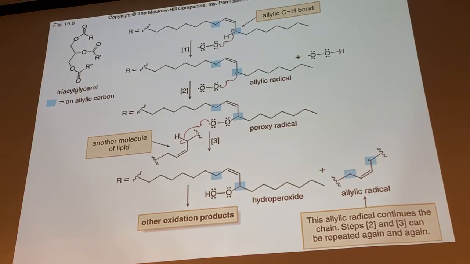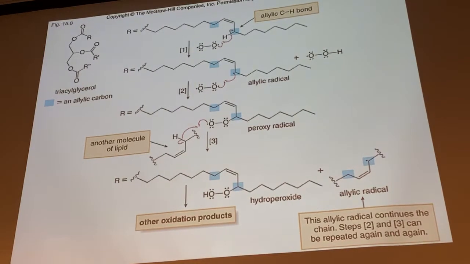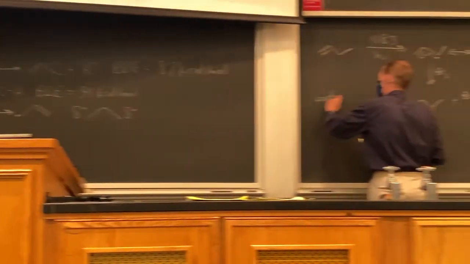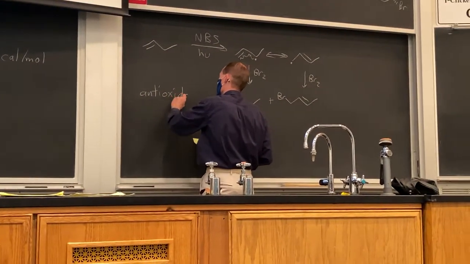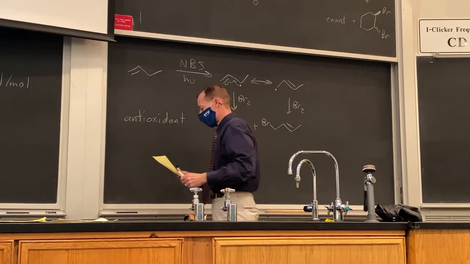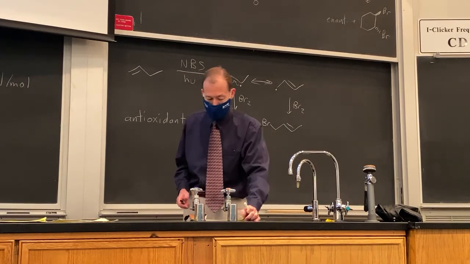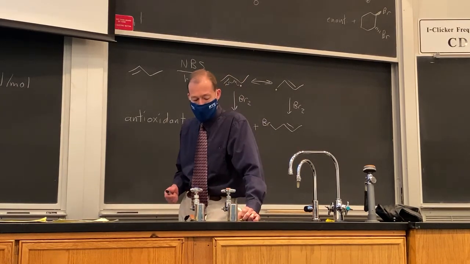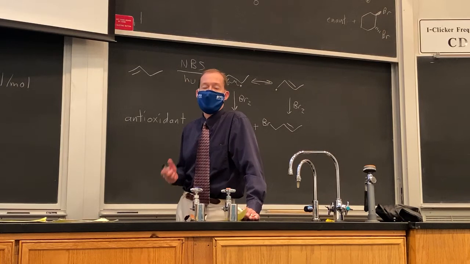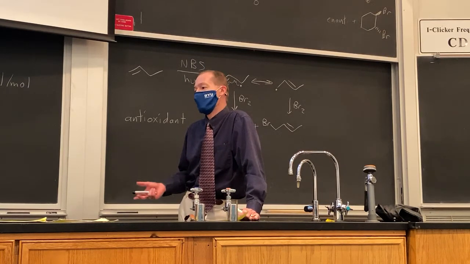Okay. There's another way that you can prevent this kind of decomposition, this kind of oxidation, and that is to use an antioxidant. So an antioxidant is a compound that inhibits the air oxidation of chemicals.